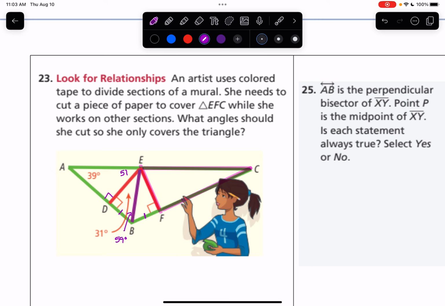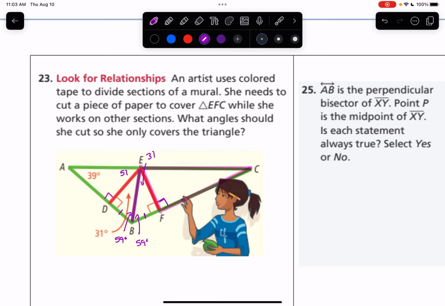So if our triangles are congruent there, that helps us out tremendously because I can say, oh, well, I have this angle right here that is also 31 degrees because those triangles are congruent. I have this angle right here that is also 59 degrees. And I have this angle right here, which is 90 because the other one on the other side is 90.